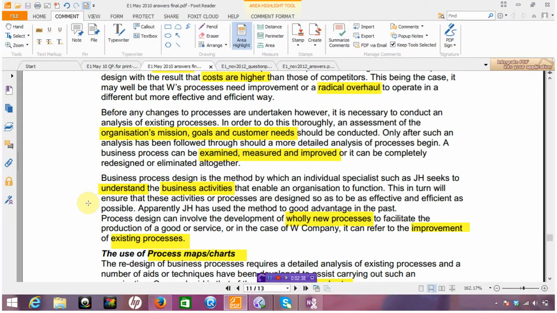So what they need to do is understand exactly the business function and the business activities, and what process design can do is provide them with a new set of processes or perhaps improvements to existing processes. So that's essentially what process design is.